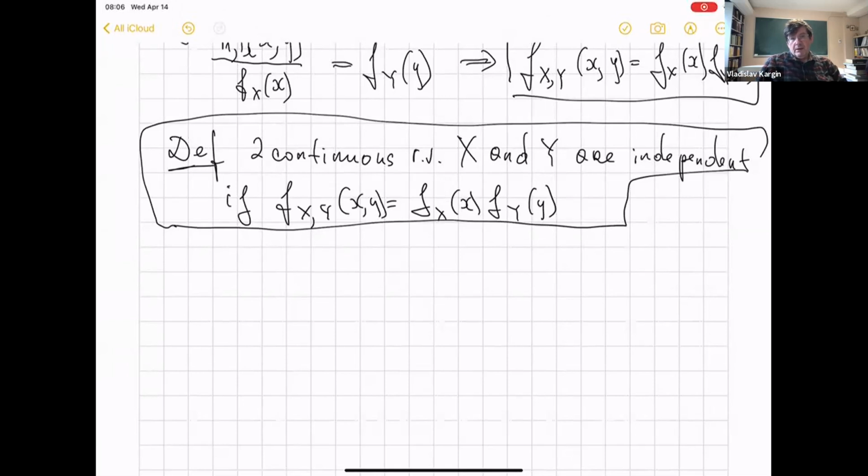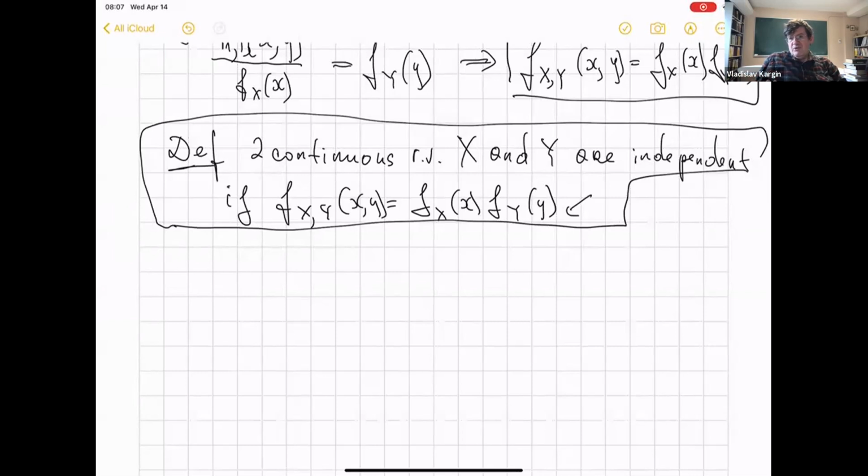It's a small theorem. Given a joint density, to check that the random variables with this joint density are independent, you need to calculate the marginal density of one, the marginal density of another, and check that the joint density is equal to their product.